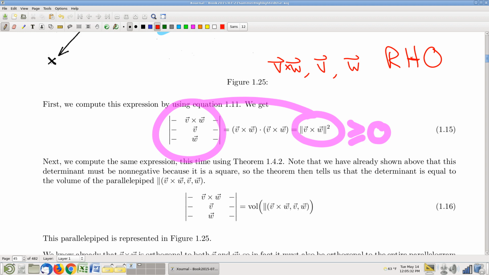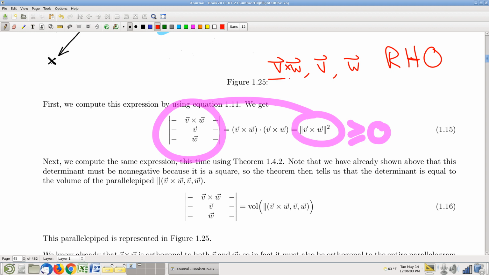And now I'm going to make a geometric appeal. If 1, 2, 3 is a right-hand order, then 3, 1, 2 is a right-hand order. Everybody see what I'm talking about there? This is literally a hand-wavy argument, but I think it is very persuasive. If I cycle through this listing, it remains a right-hand order.